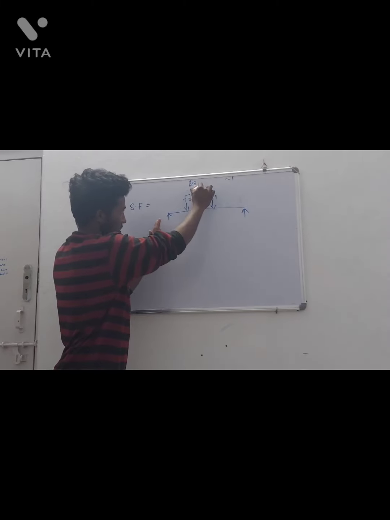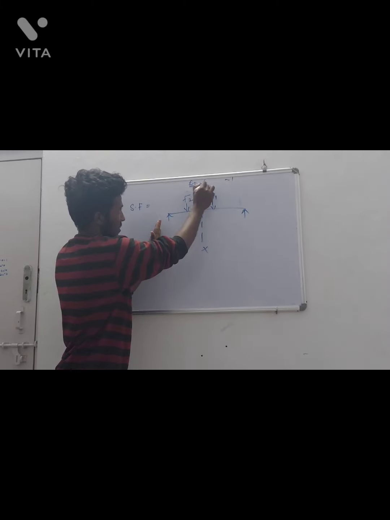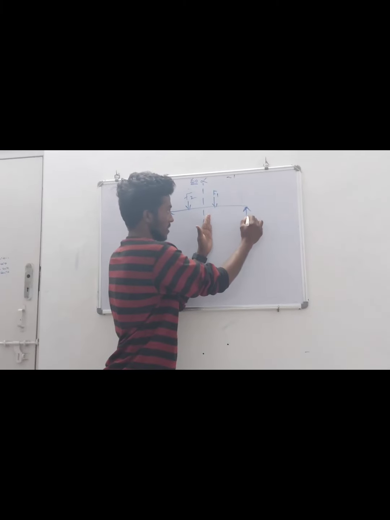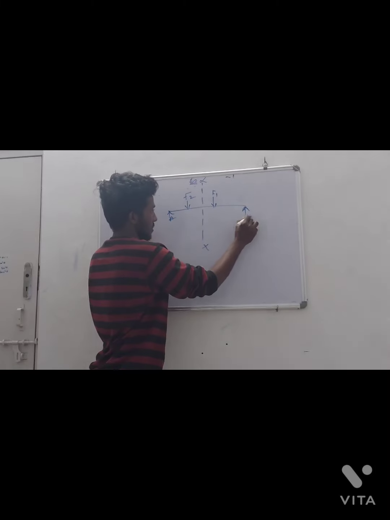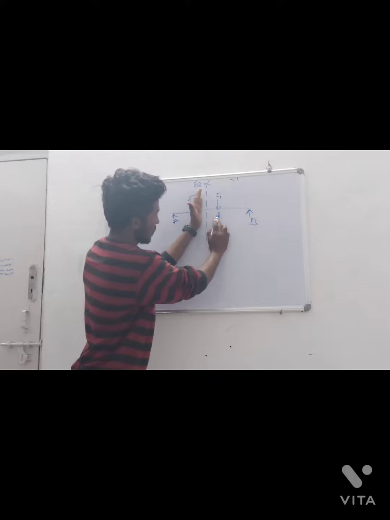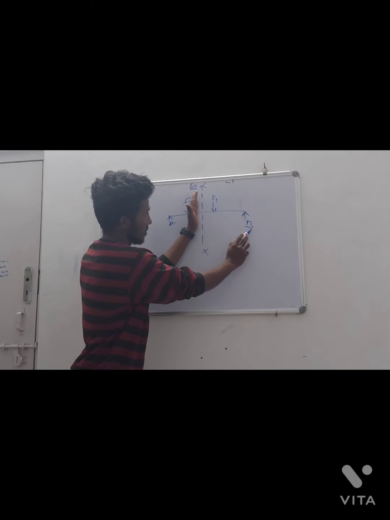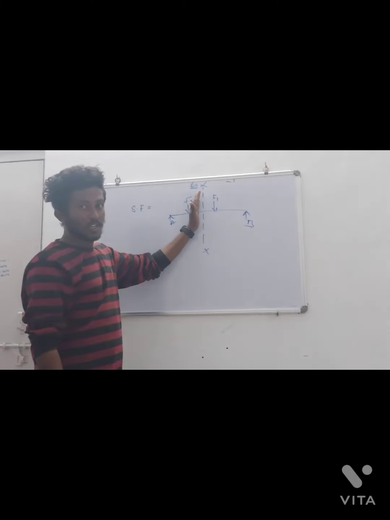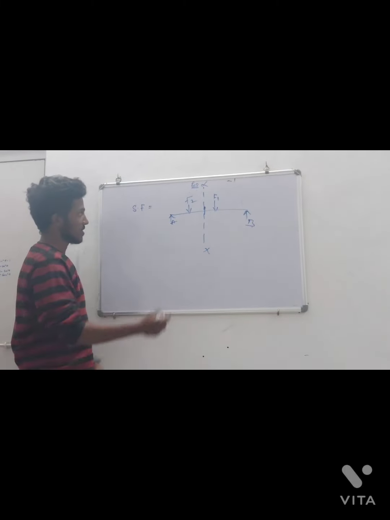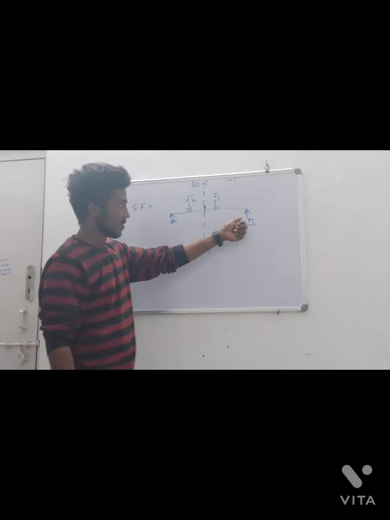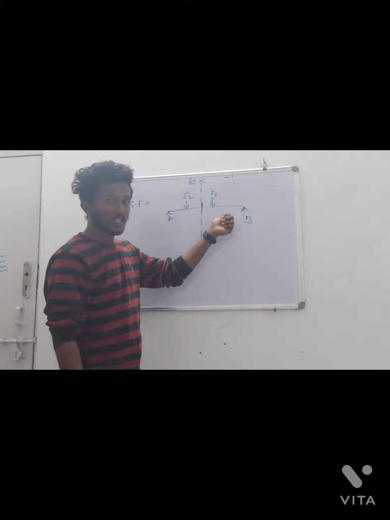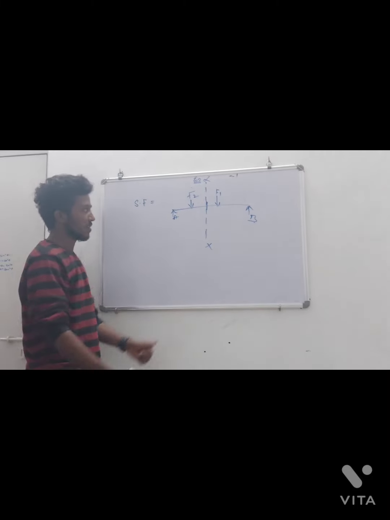If we consider the section as XX, from this side you have two forces, that is B and the F1 force. So the summation of the two forces F1 and B will give the shear force at this section. So the definition of shear force is the algebraic sum of the forces either left of the section or right of the section.